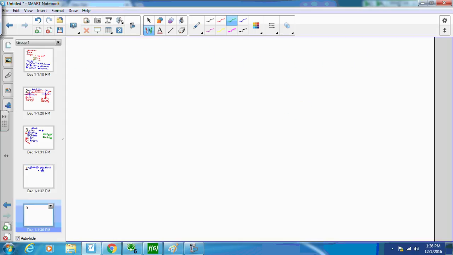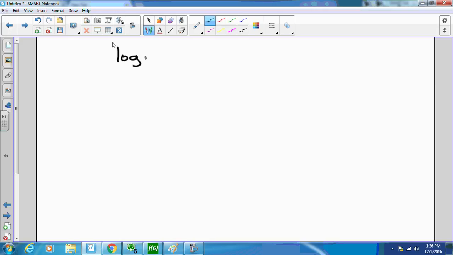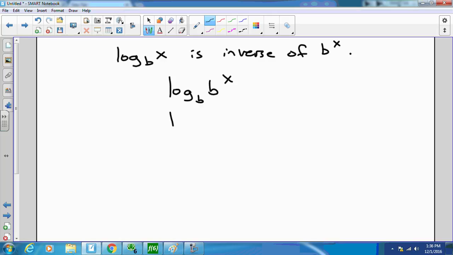Okay. Well, I want to spend the rest of our time now looking at log base b. Simple principle: the log base b of x is the inverse of b to the x. In other words, b to the x and log base b are functions that cancel each other out to give us x.